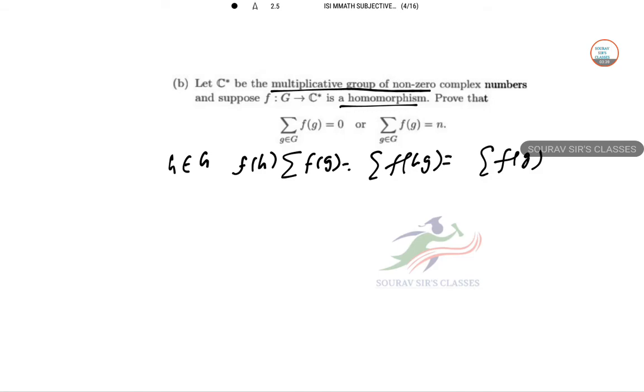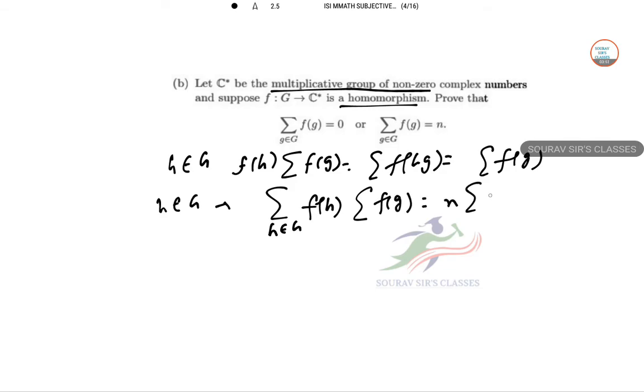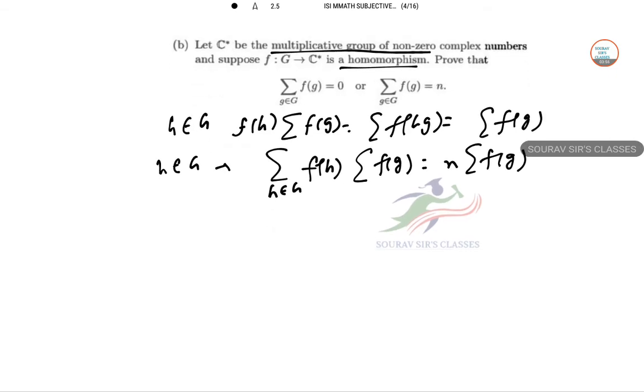This is true. So now taking h belongs to G, we get f(h) times the summation of f(g). So obviously these two will be multiplied, so f(g), as these two are the same, n times f(g). So for these two parts we can just replace h with g.